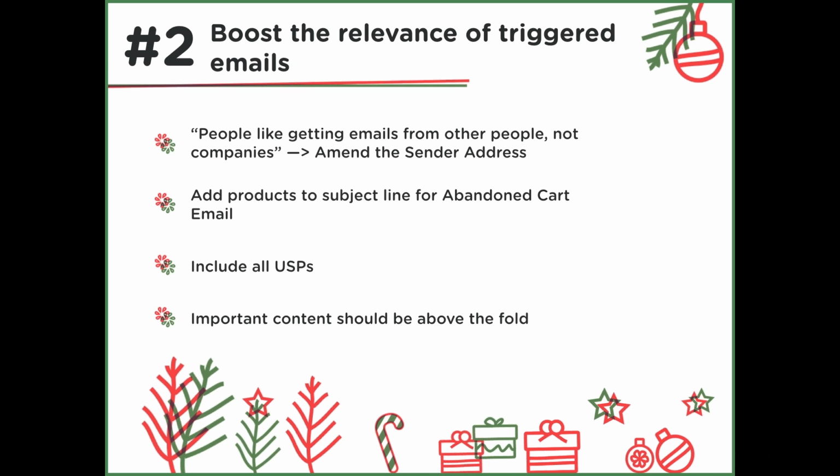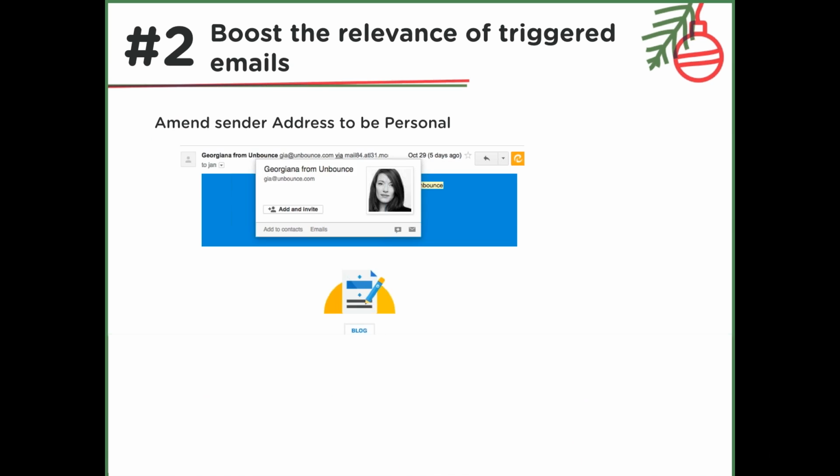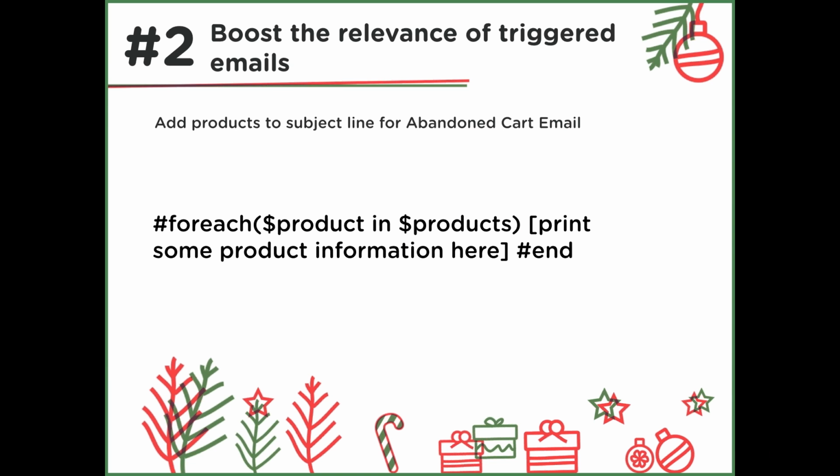What we also have done with a couple of merchants is to make the subject line actually really relevant. That means that not only the content of the email is important, but also the metadata, the subject line, which is sometimes all a customer will see. So what you can actually do is to use, again, a little bit technical, a nice for each loop, and show those products from the abandoned cart email in the subject line.